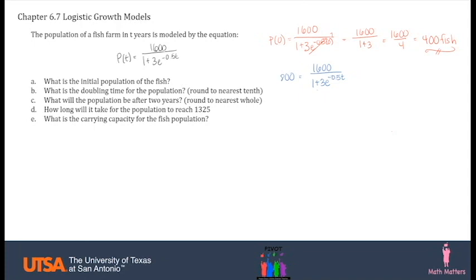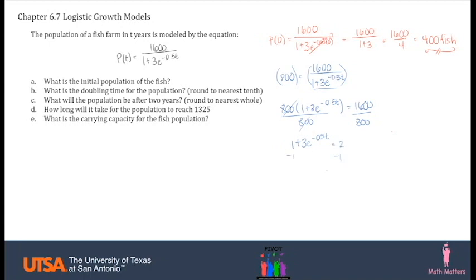Then if we multiply both sides by this expression here, we get 800 times 1 plus 3e to the negative 0.5t, and then it goes away on this side. And then we can divide by 800 on both sides. So that goes away. Then we get 1 plus 3e to the negative 0.5t equals 2.